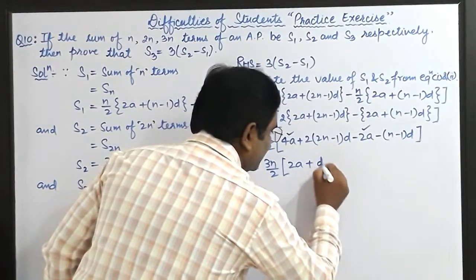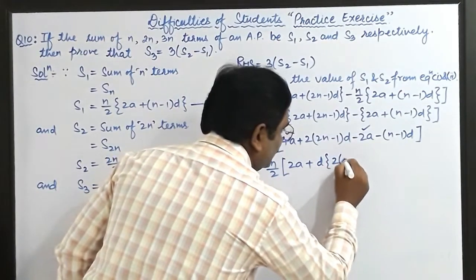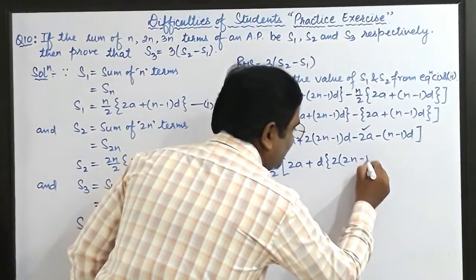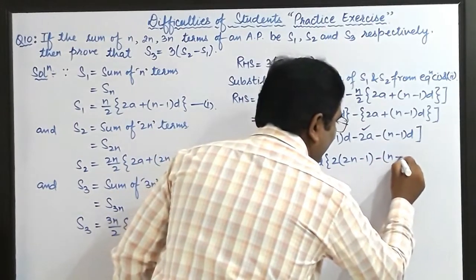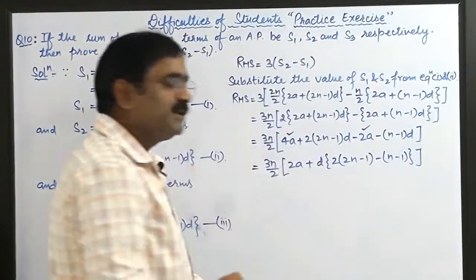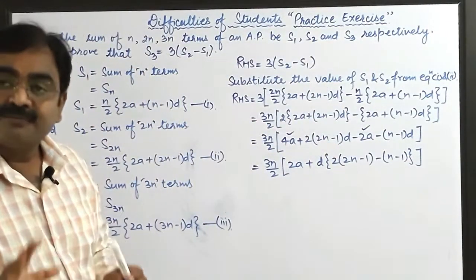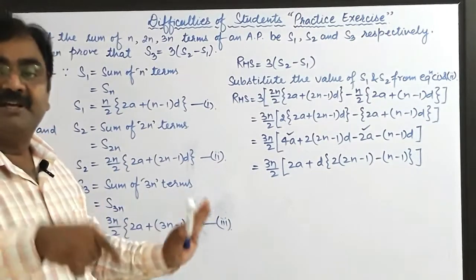It can be written as 2 into 2n minus 1 minus n minus 1. Children, if you are facing any problem, you can comment in the comment box.